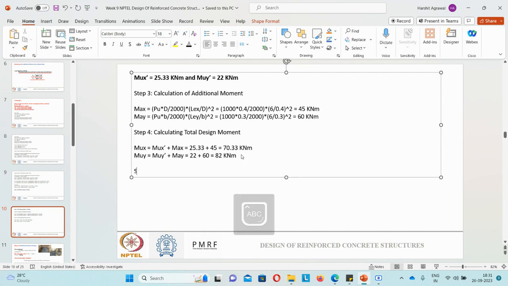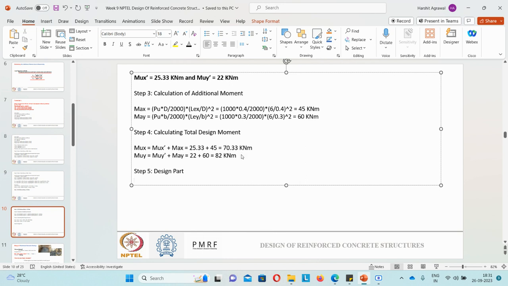Now we'll move on to the design part. Now we are clear with what is the moment and what is the load acting. So now we need to see the design part. Since we need to choose a particular graph from SP16 for continuing the design, we need to make an assumption whether we are providing reinforcement along all four sides or along two opposite sides only. In that way only we can choose a particular graph.